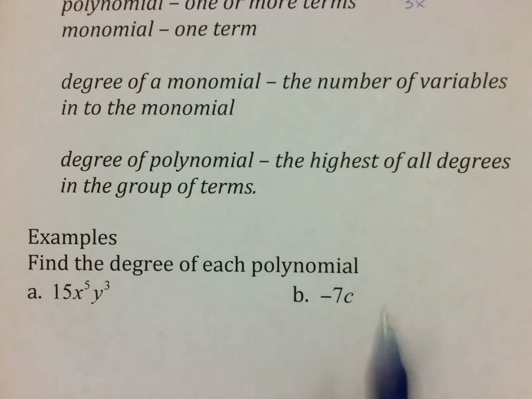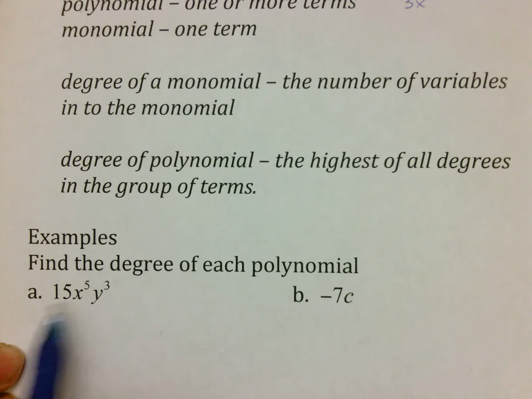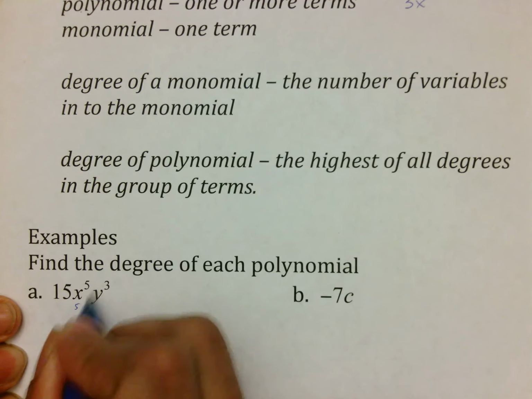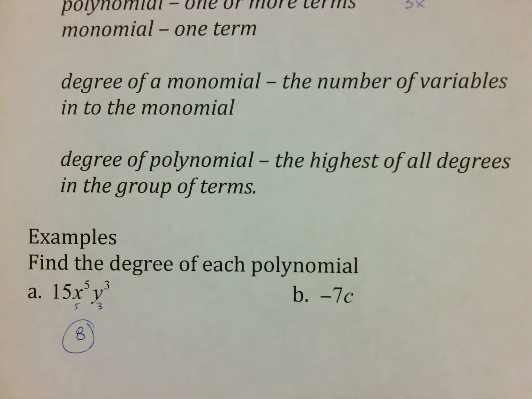Looking at some examples here, ask what the degree is. This, again, is a polynomial slash monomial, and all you have to focus on is that there are 5 x's and 3 y's, which means the degree of this is 8. That's it. We don't care about the 15. We don't care if it's positive or negative. You just count the variables.